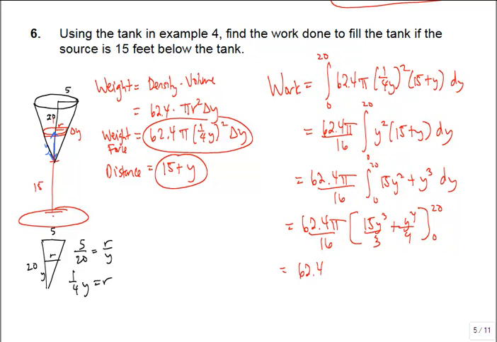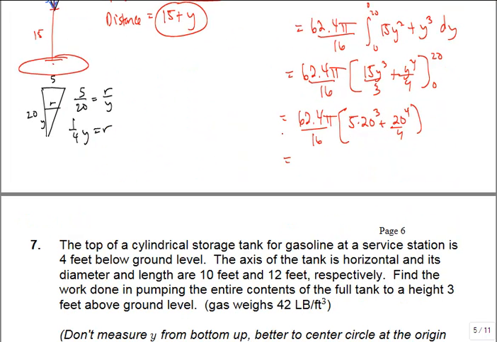And you can plug in the 20, the 0 will give you 0. So this is going to be 5 times 20 cubed plus 20 to the 4th over 4. And as a decimal, that is going to equal 980,176.91 foot-pounds. So over 980,000 foot-pounds of work.